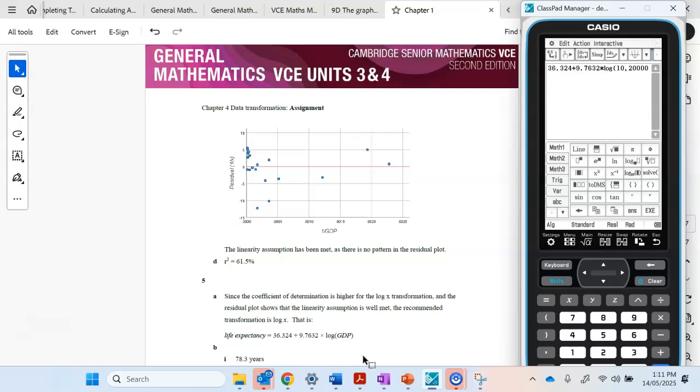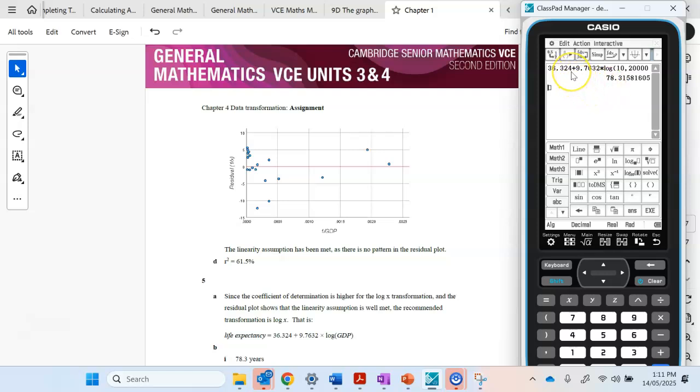Remember, we're predicting it when GDP is 20,000. Oh, and it gives me that exact value, so I'm just going to change it to decimal, and there we go. 78.3 years. So if you had a GDP of $20,000, the life expectancy is predicted to be 78.3.